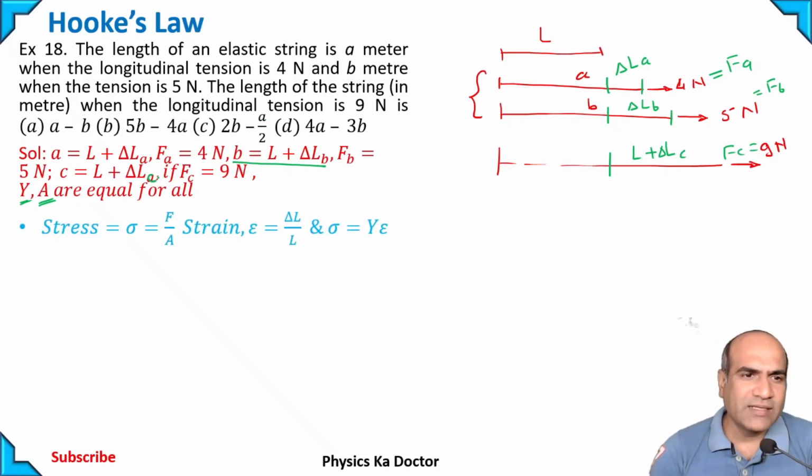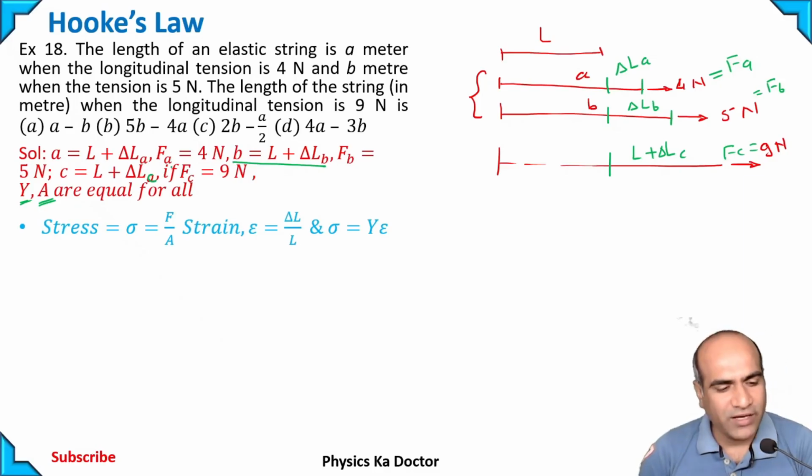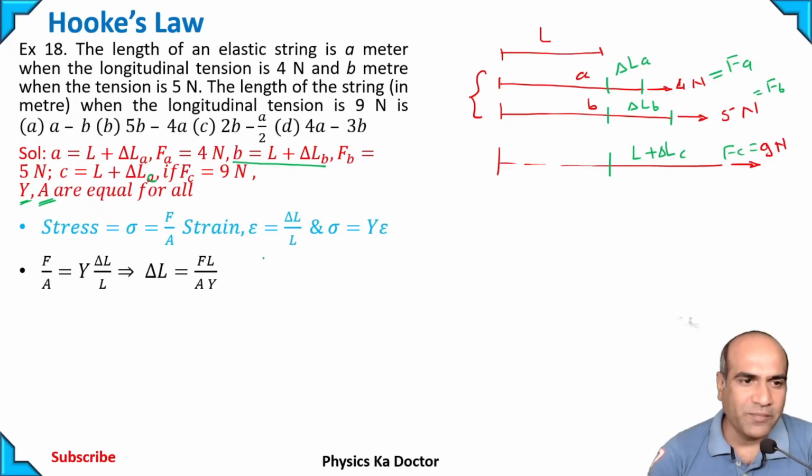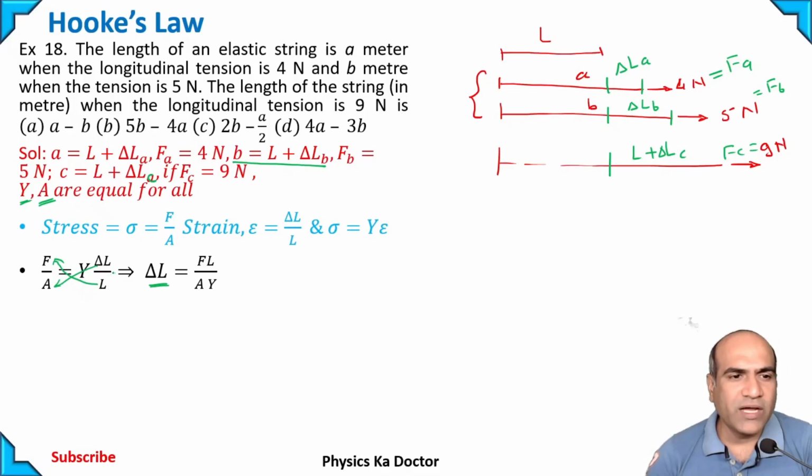So we know that sigma is equal to F by A. Strain is equal to change of length to the original length, so F by A is equal to Y delta L by L, and we know that delta L is equal to F L by A Y. As per now, we require delta L, the change of length.